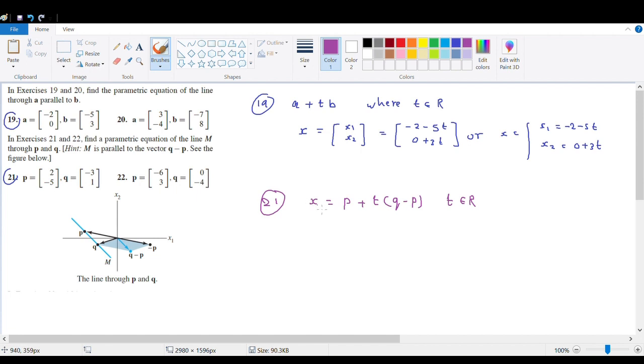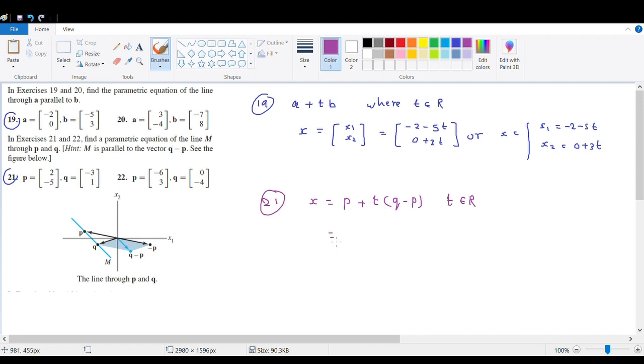You can write also x = q + t(q - p), because p and q are in the same line. So either you choose p or you choose q, it does not matter. So now we have x = p + t(q - p).